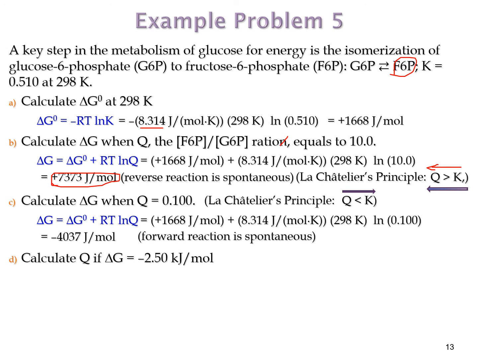If our body wants the reaction to go forward, one thing our body can do is decrease the concentration of F6P, of course, for the rest of the steps of reactions in the metabolism cycle. So with the lower concentration, equilibrium shifts to the right, so more G6P is converted to F6P.